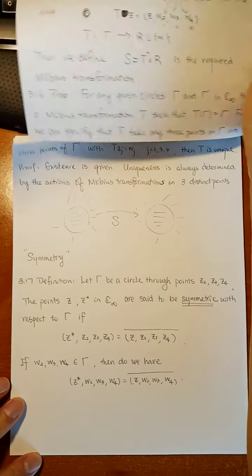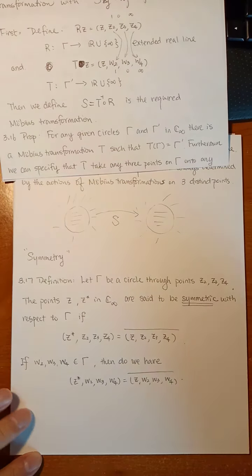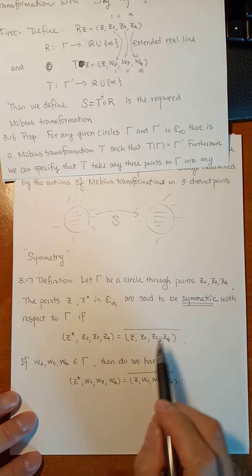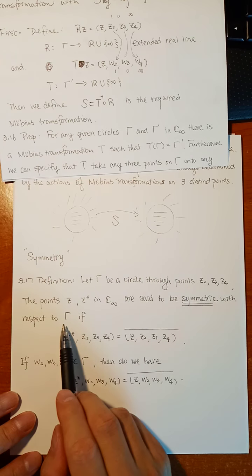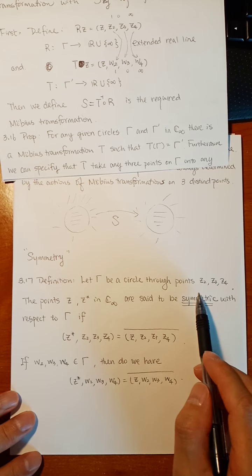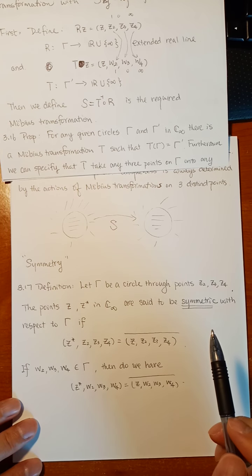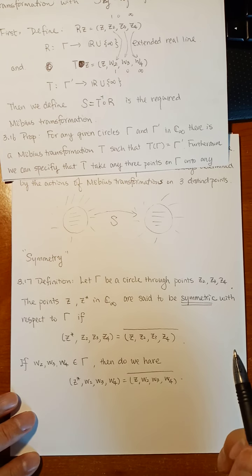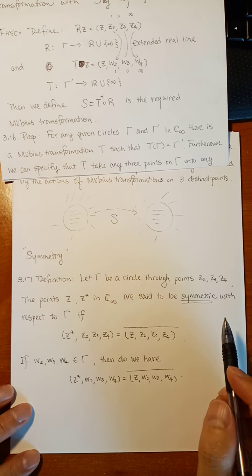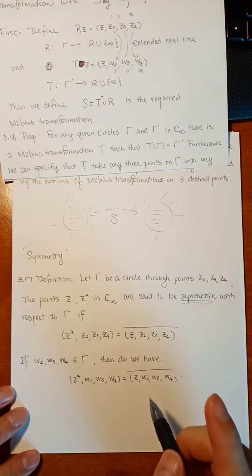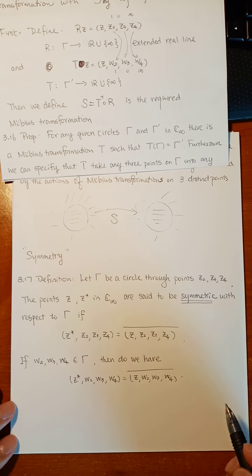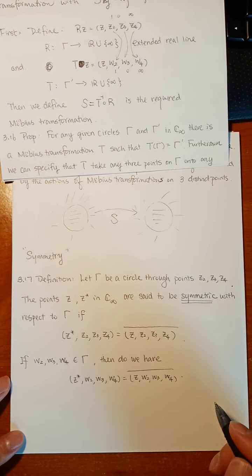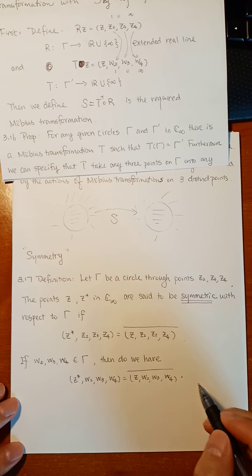Well, we always have such a property. Because if this is not the case, then your symmetry will depend on gamma and the triple z2, z3, z4. So that's the important thing we should explain. This is an exercise, but I think the exercise requires a discussion.